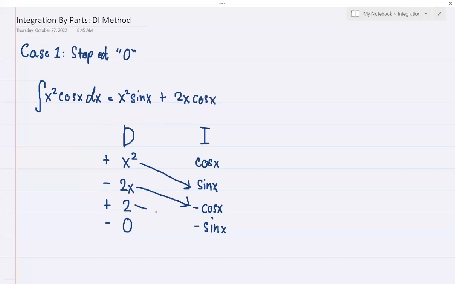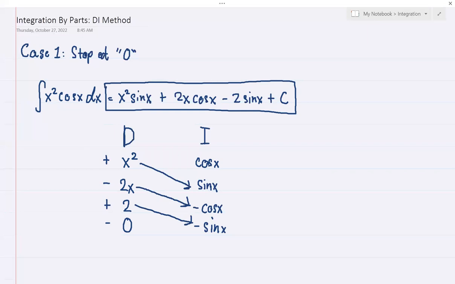The next, positive 2 times negative sine x, we will have negative 2 sine x. Plus, don't forget your c. And that is your answer. See, it's actually simple. All right. So this is for your first case. Now let's proceed to the second case.